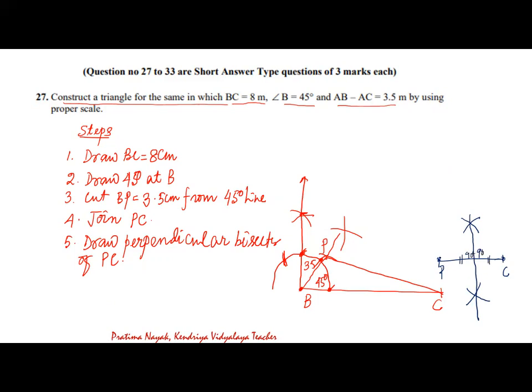Put the compass on P, draw two arcs on opposite sides of the line, then put the compass on C and draw the same arcs on both sides. This is the perpendicular bisector. Now I am drawing the perpendicular bisector of your PC.